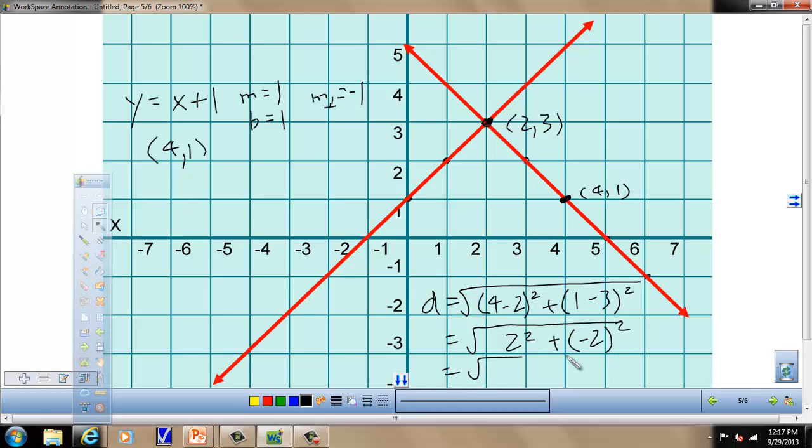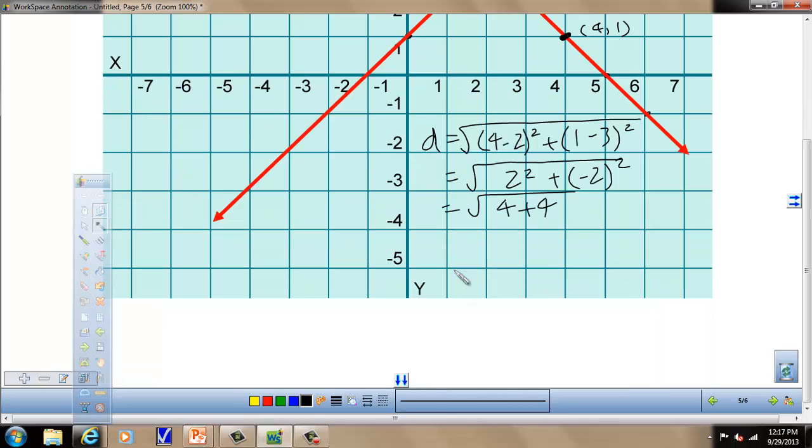This gives me square root of 4 plus 4. Moving it down, we've got square root of 8, which is also 2 radical 2. And punching this in on my calculator, give me 1 sec, I should know this. The answer is approximately 2.8.